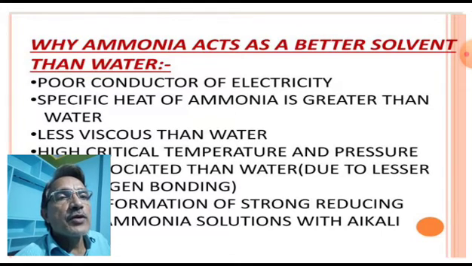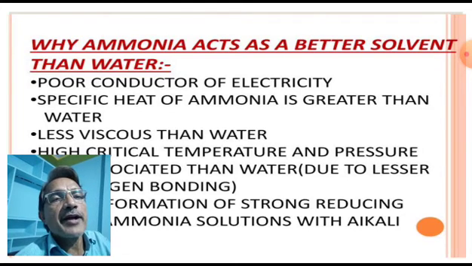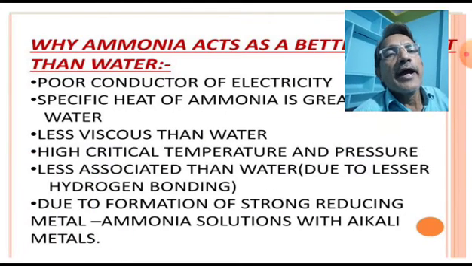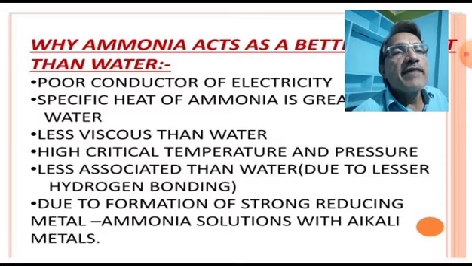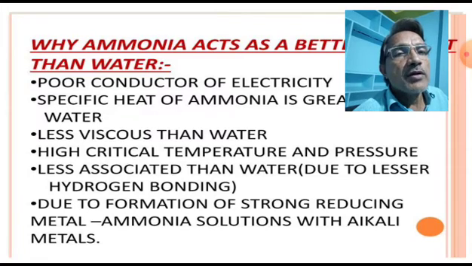Specific heat of ammonia is greater than water, and liquid ammonia is less viscous than water. Liquid ammonia has high critical temperature and pressure. Liquid ammonia is less associated than water. Why? Because in liquid ammonia, lesser hydrogen bonding is observed.